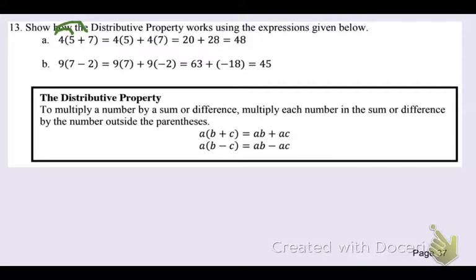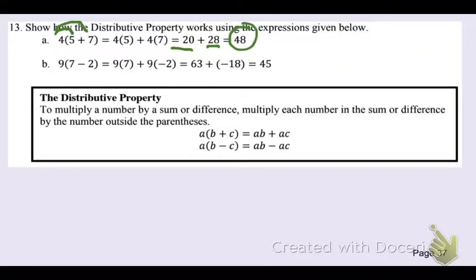So if we work that out, 4 multiplied by 5 gives us 20. 4 multiplied by 7 gives us 28. When I add those two together, I get 48. So it's basically the number and then parentheses, and then we have addition for this one, and you're applying that number to both of these inside the parentheses. You're distributing it.